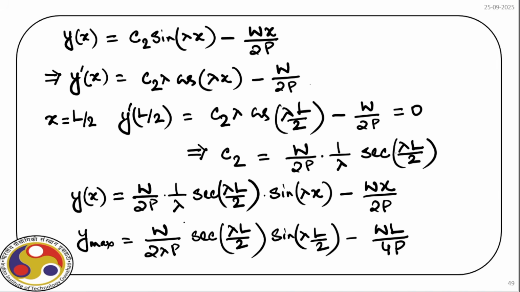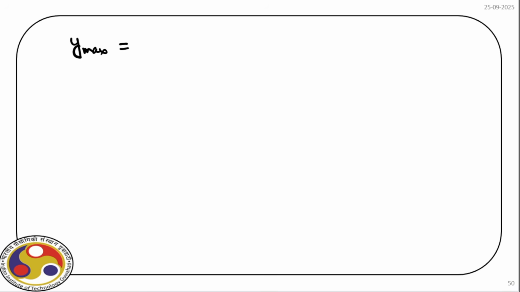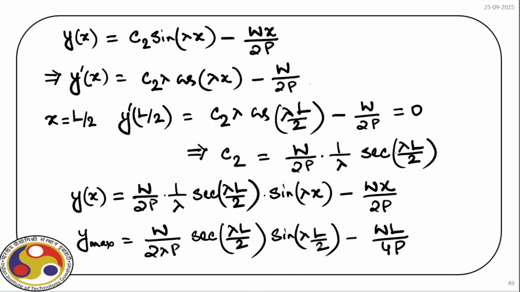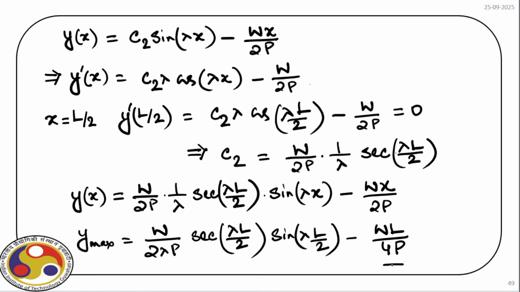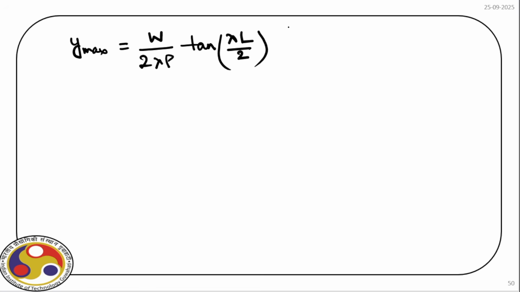So y max is equal to, if you see, we have w by twice lambda p times sine lambda L by 2 divided by cos lambda L by 2. So we have tan lambda L by 2. Then this term minus WL by 4p.